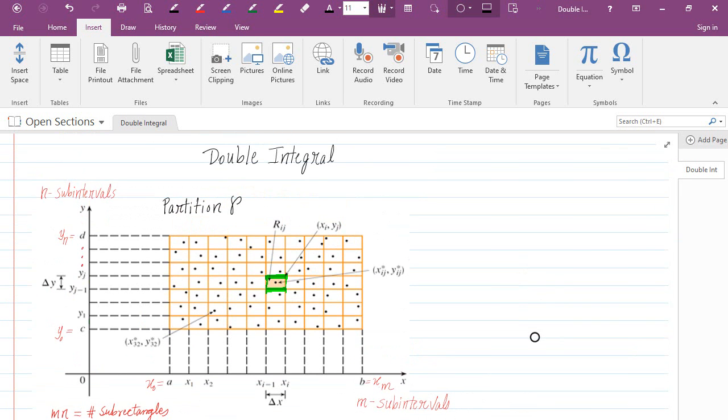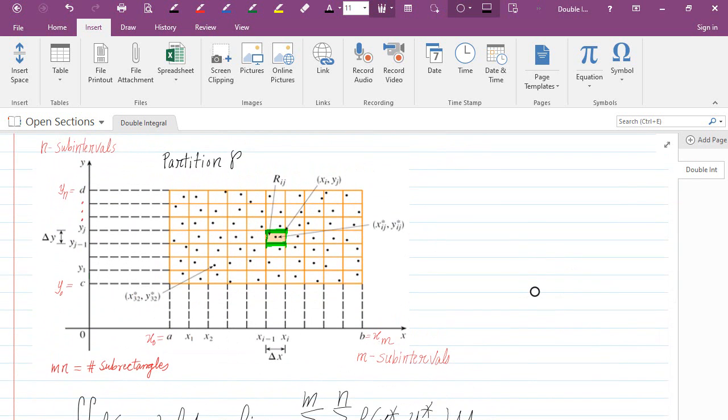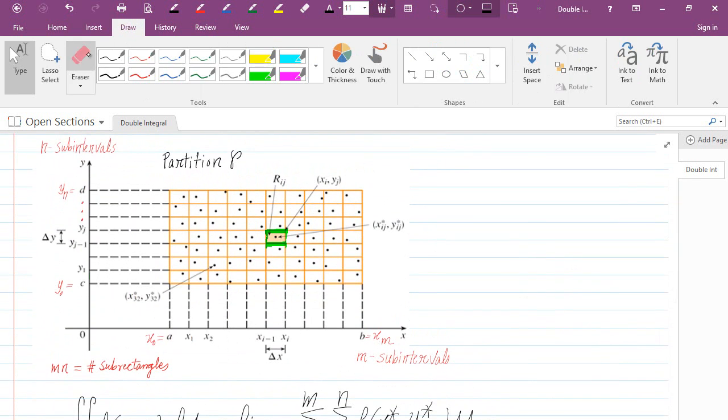Welcome back. Let's define the double integral of a function f over a rectangle R for one last time. So let's say that R is a rectangle which is determined by the interval from a to b along the x-axis and the interval from c to d along the y-axis.